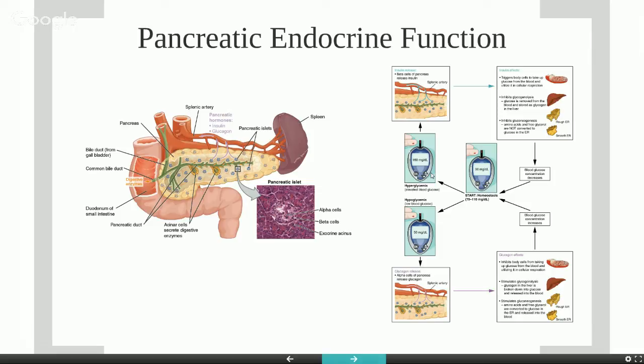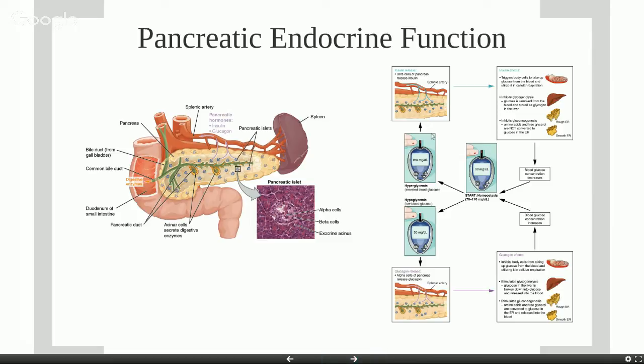You eat food, levels go up, insulin's released, insulin tells everything in your body to use that glucose. And then the blood levels go back down. They continue to drop off, and eventually glucagon's released to the liver to get those levels back up. Okay. And it just sort of keeps going back and forth in the figure 8. Now you're helping this because what are you doing to raise glucose levels?